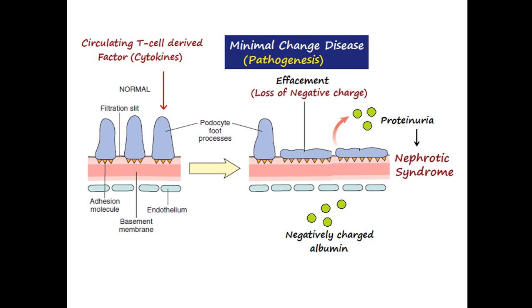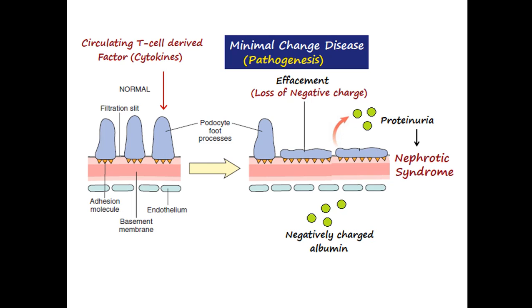Now, in minimal change disease, the exact etiology is unknown, but it is believed that the T cells, which are the cell-mediated part of the immune system, these circulating T cells release certain factors in the form of cytokines.